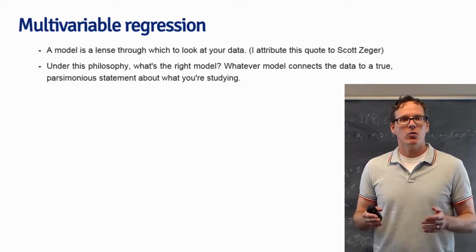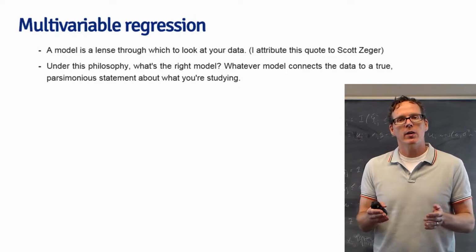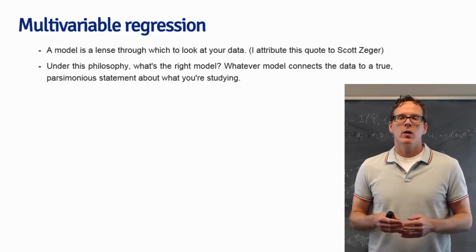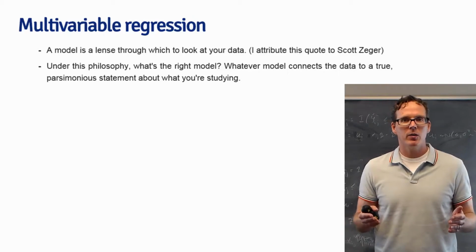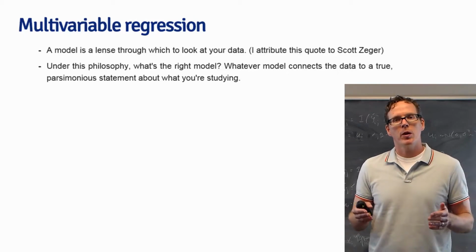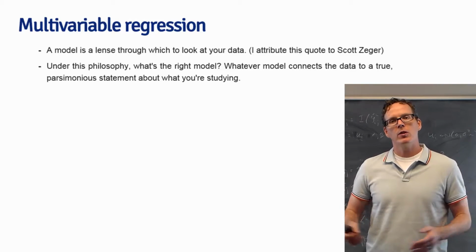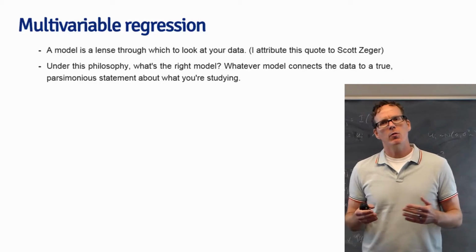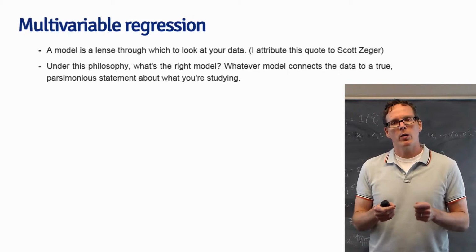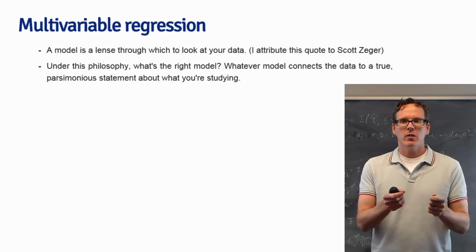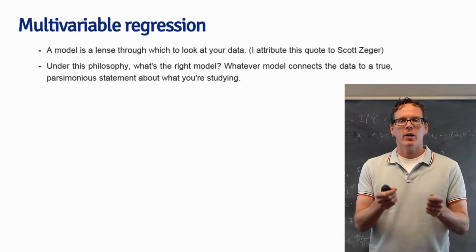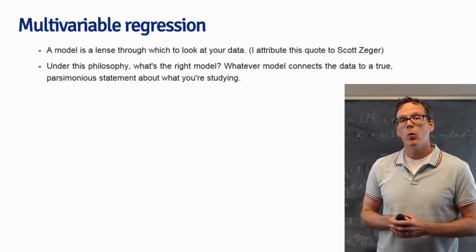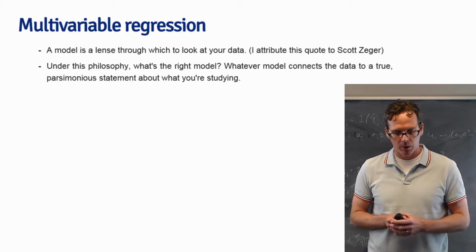And the idea of a lens is in the same vein that when you're looking at the world through a lens, to find out super fine detail you might need a microscope, and to find out super high level detail you might need a telescope. So the idea of a model being something like that is that you're looking at the same thing, but the right model might highlight the right feature that teaches you something true.